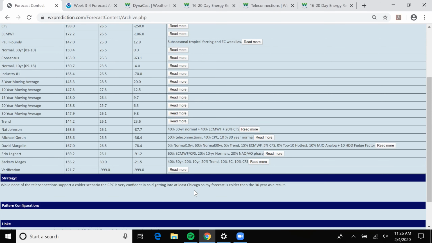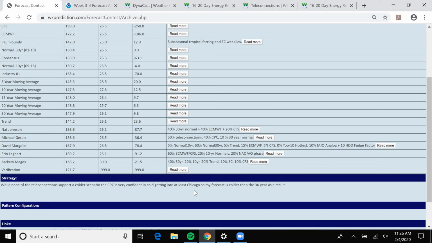So I think this was the forecast where the MJO was predicted to continue into phase 8, but as we know, it just kind of died in phase 7 and decided to go back to phase 4 or 5 or whatever.